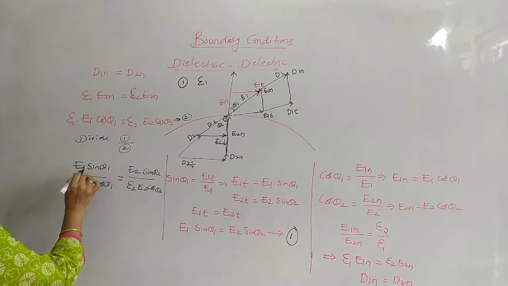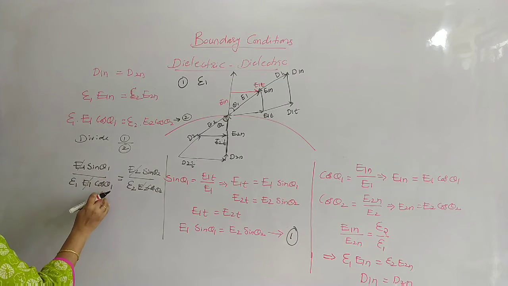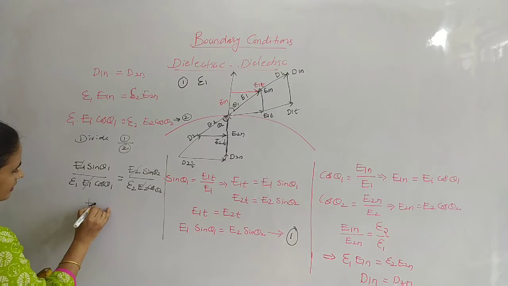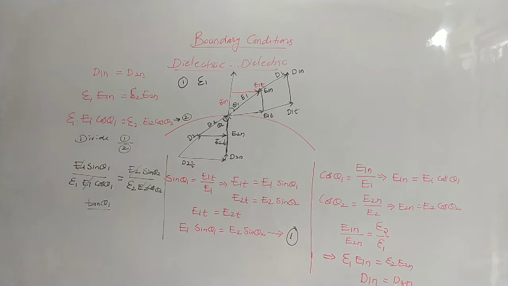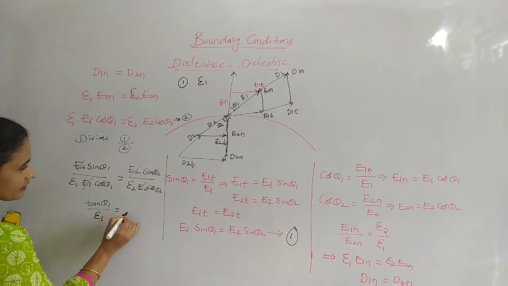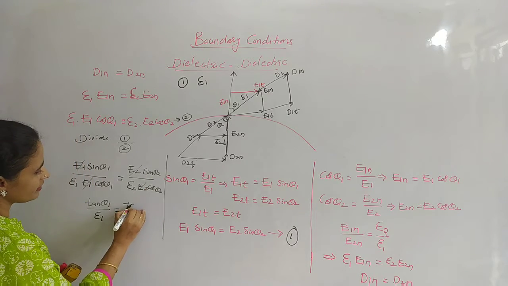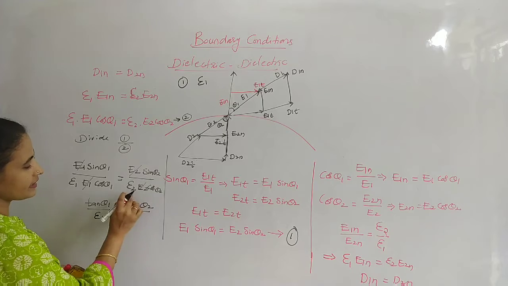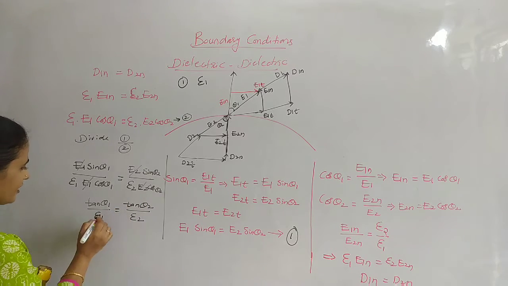Okay. Then E1 cancels, E2 cancels, and sin theta 1 by cos theta 1 is tan theta 1. In the denominator we have the permittivity of medium 1, epsilon 1. In the same way, sin theta 2 by cos theta 2 is tan theta 2. In the denominator we have epsilon 2. Then just interchange these two.